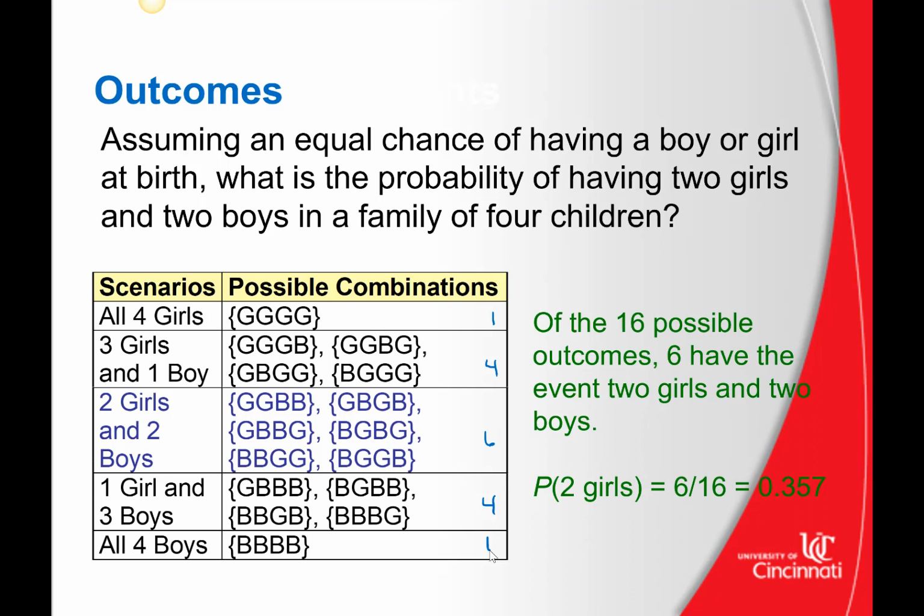How many of those outcomes go boy, girl, girl, boy? 1. So if you have a bunch of families at a picnic or whatever, and they all have 4 kids in them, there's only 1 out of 16 that's going to go boy, girl, girl, boy.